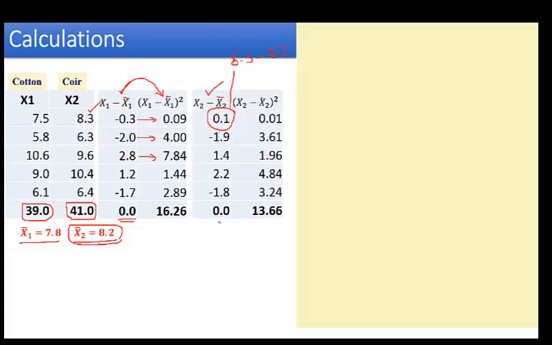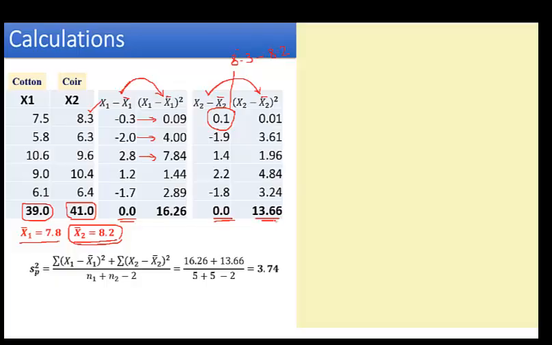Taking all the deviations, if we add them, this again will be 0, and in the second step we take the square of these deviations. We need the sum of squares for both variables. This is 13.63.